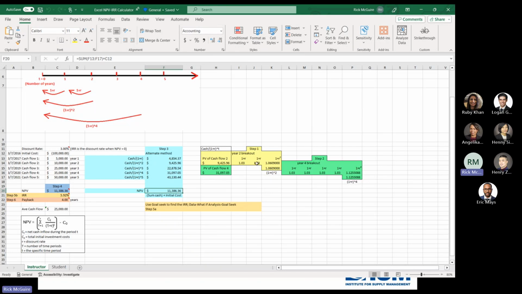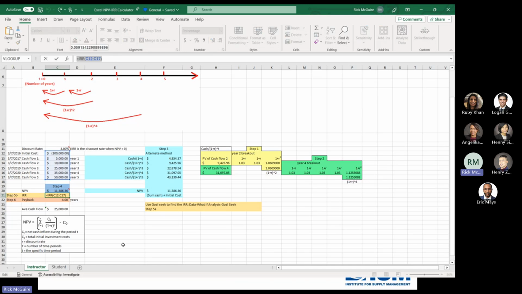This is some more elaboration on the formula and the R factors down below. But you can just use this formula. That is the Excel version of NPV. And you'll see that the two answers are the same. So IRR, you use this IRR formula.